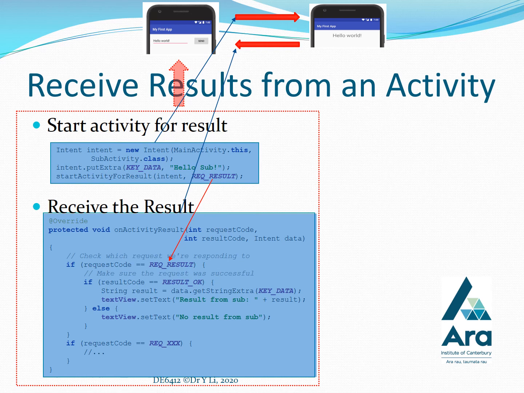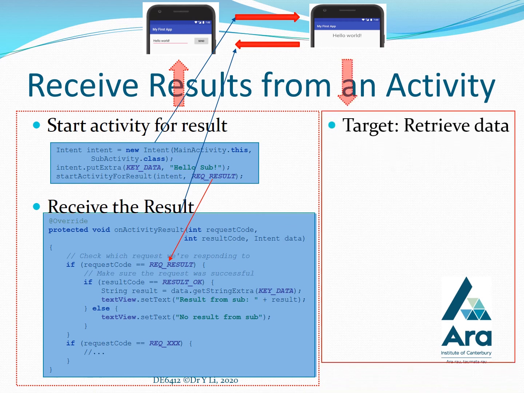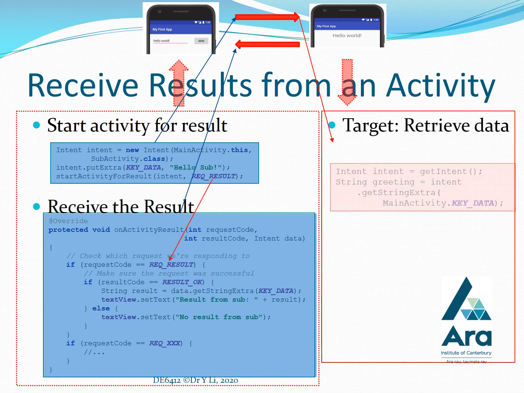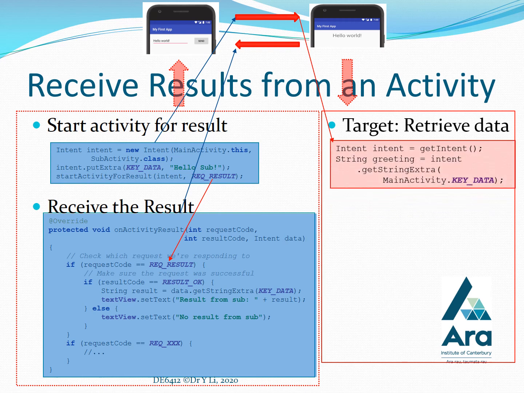Now, in the sub-activity, we can retrieve data sent from the main activity by using this Java code. We do this normally in the onCreate method.